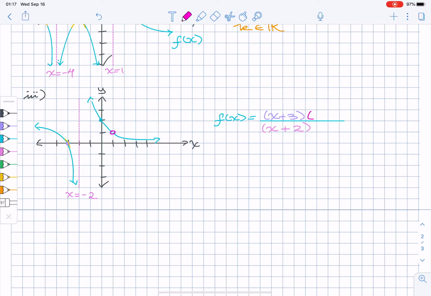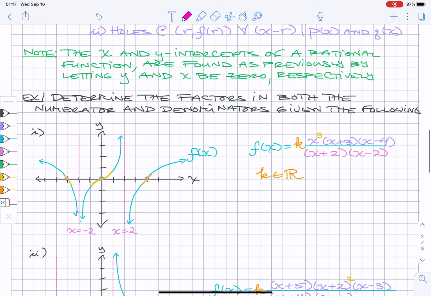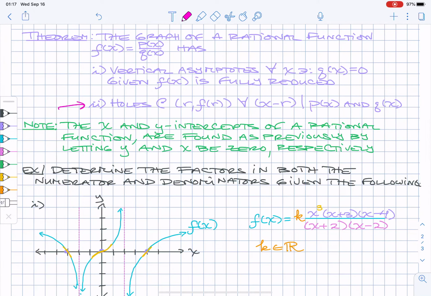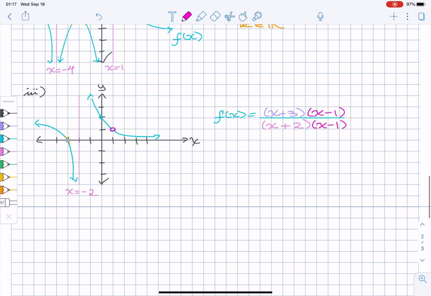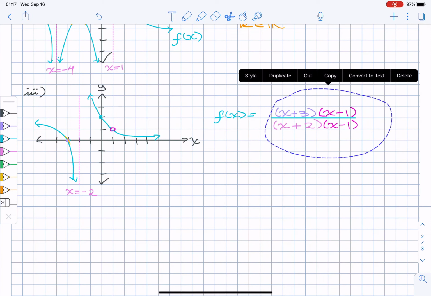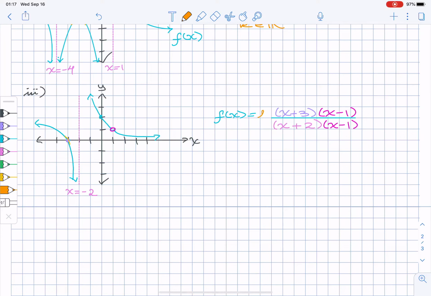So when x is 1, we have x minus 1 and x minus 1 to take care of the hole, because they can be reduced. That's going to be the hole I was talking about here. Okay. So that takes care of the hole, and I know that in order to accommodate the y-intercept, I'll need to multiply this by some real number k.